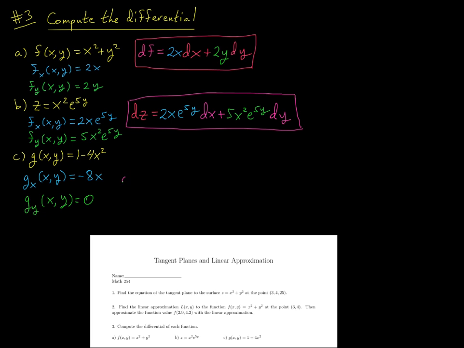Well, there I would get dg, as I'll write it, is simply minus 8x dx, and that's going to be it. Notice, since g is independent of y, the change in g will be totally dependent on us changing x. Any change in y won't change the value of g. So that makes a heck of a lot of sense.